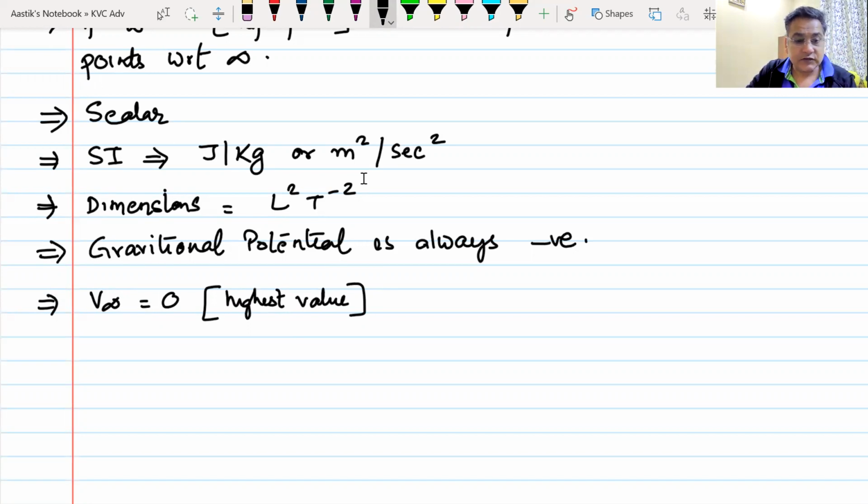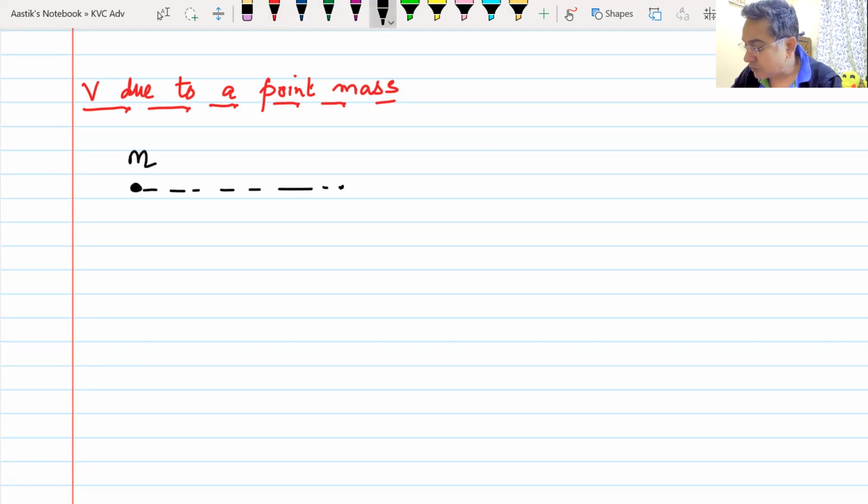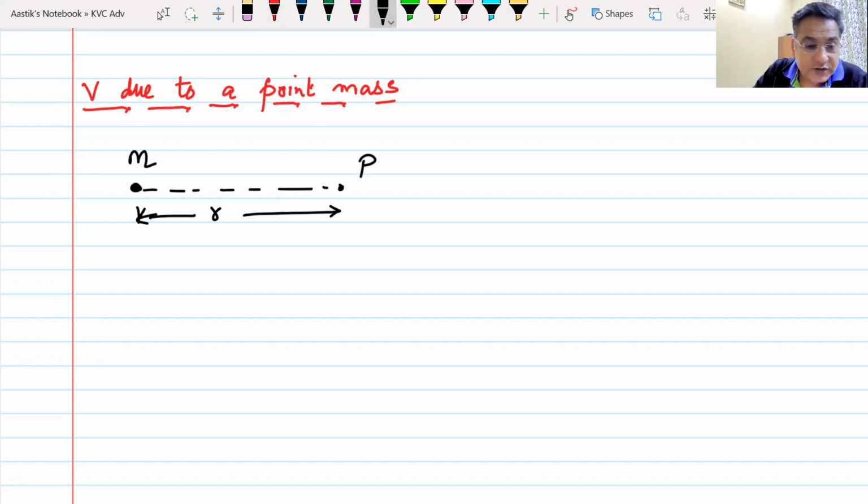Now that takes us to the next heading, gravitational potential due to a point mass. What is the gravitational potential due to a point mass? So if you have a point mass m and you have a point p at a distance of r from this, what is the gravitational potential due to this point mass?